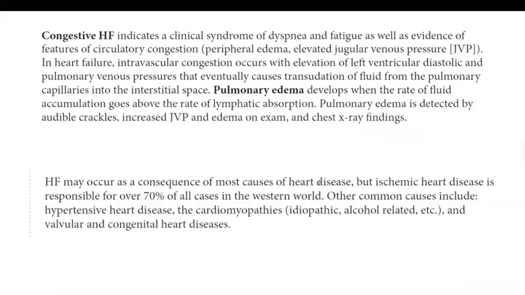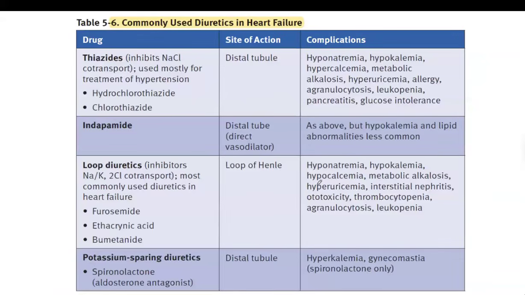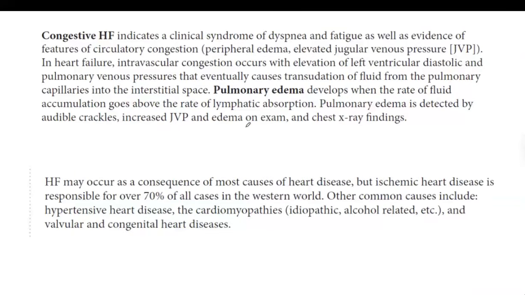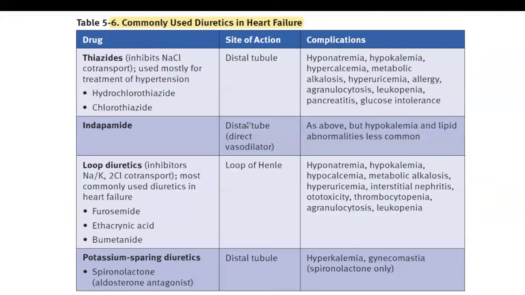Quickly, I will go to acute pulmonary edema, and also some of the common drugs that we use in heart failure and what are their side effects. So pharmacology is really important. So you need to know some of the common drugs' side effects. So these commonly used diuretics in heart failure, like thiazide diuretics, loop diuretics, and potassium sparing diuretics, you need to know what are their possible side effects.